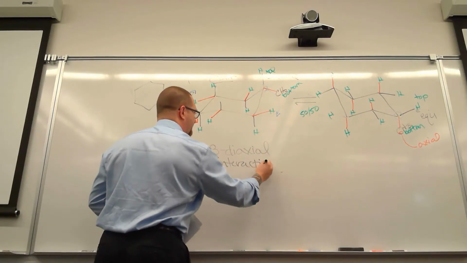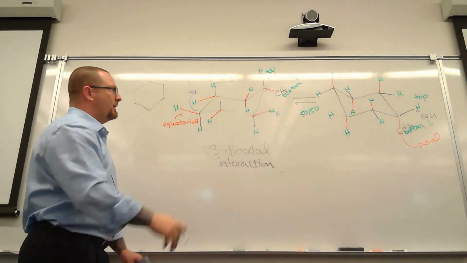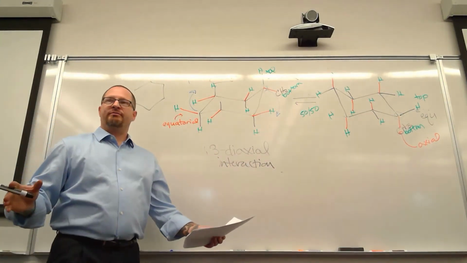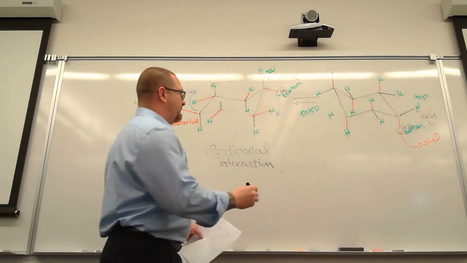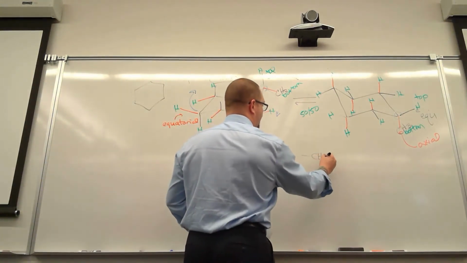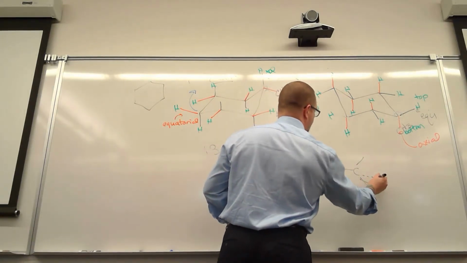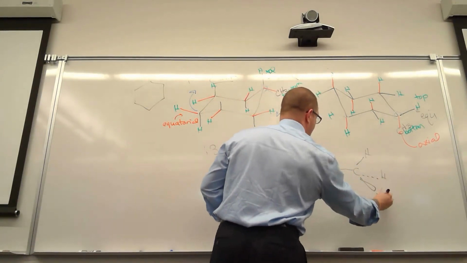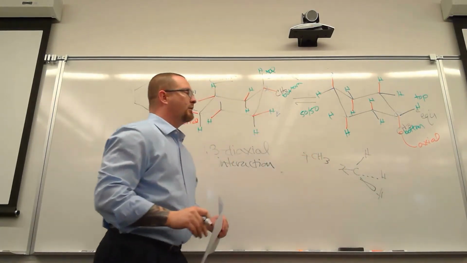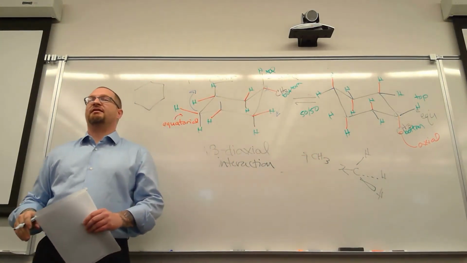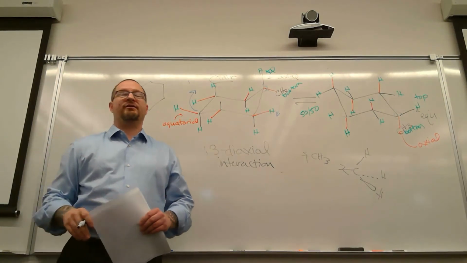Which are through space interactions, which are non-ideal. Hydrogens are very, very small. Methyls are quite a bit bigger. I'm drawing it like this, but really it should be drawn like this, which obviously, because of bond lengths, takes up a lot more space.